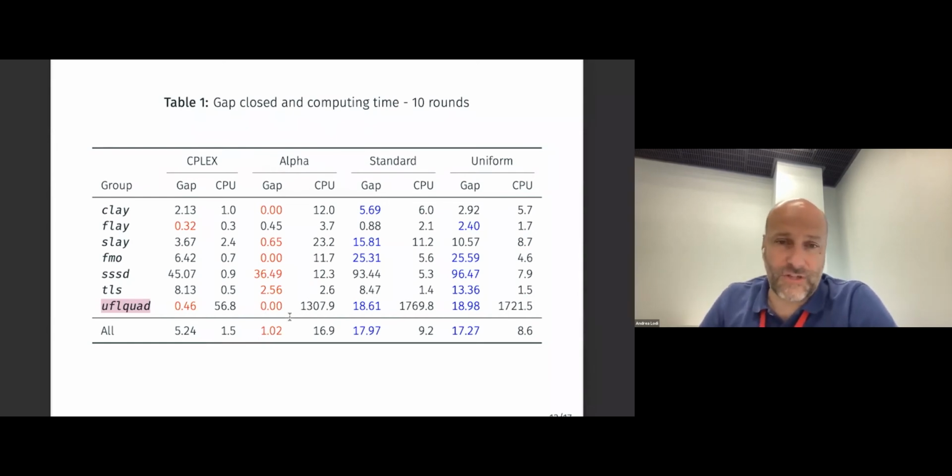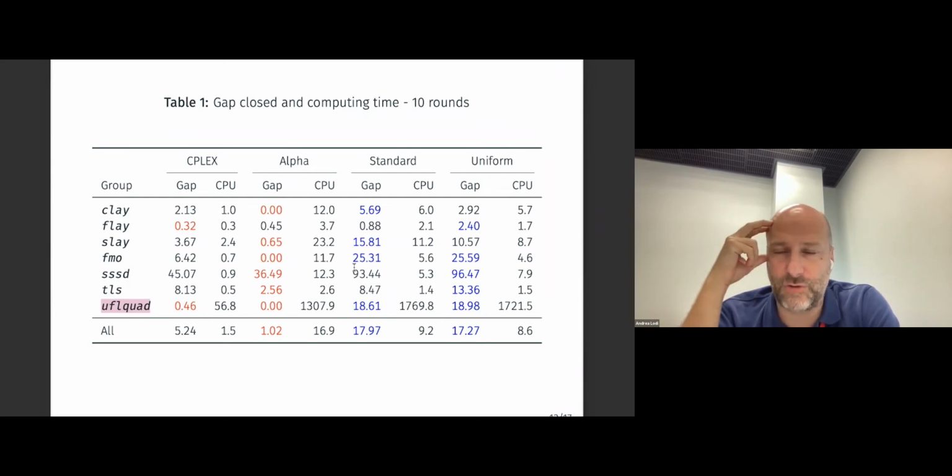In some situations it doesn't close any gap, even if there is some gap to be closed. We don't know how much gap can be closed by aggressive disjunctive cutting planes, because we could go for a very big number of separation rounds. But if we just give 10 and use those normalizations to discriminate, as we've seen before, which cuts I would like to use, then this is what happens. The standard normalization is doing pretty well.